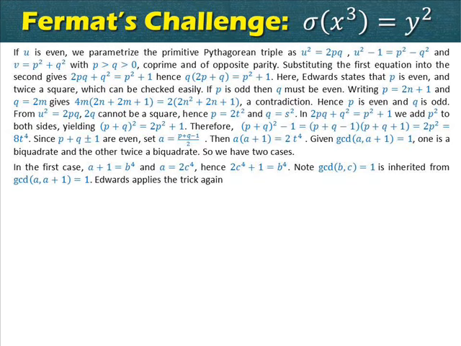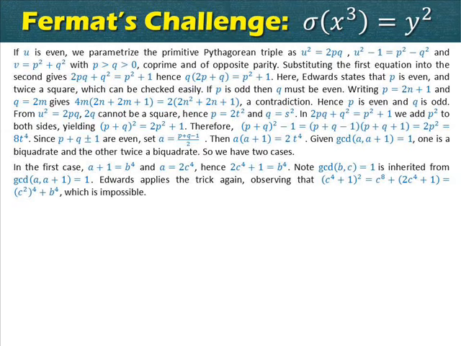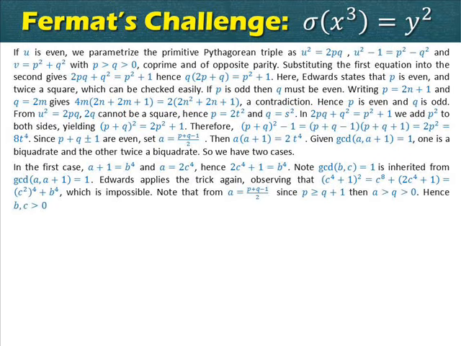Edwards applies the trick again, observing that the square of c raised to the fourth plus 1 equals c raised to the eighth plus 2c raised to the fourth plus 1, which equals the sum of two biquadrates, which is impossible. Note that from a equals p plus q minus 1 over 2, since p is equal or bigger than q plus 1, then a is bigger than q, which is bigger than 0. Hence, b and c are bigger than 0, so we cannot evade a square being the sum of two biquadrates.